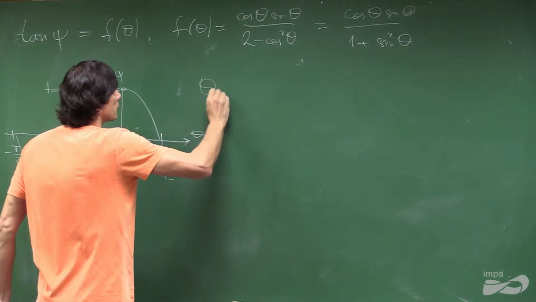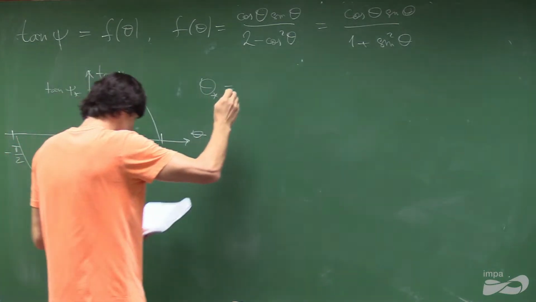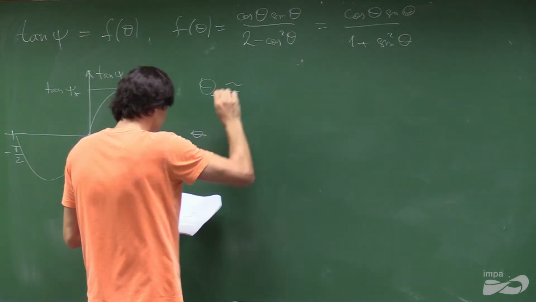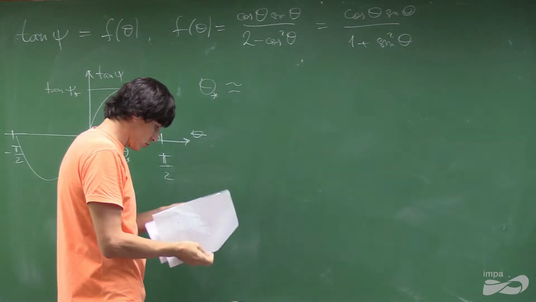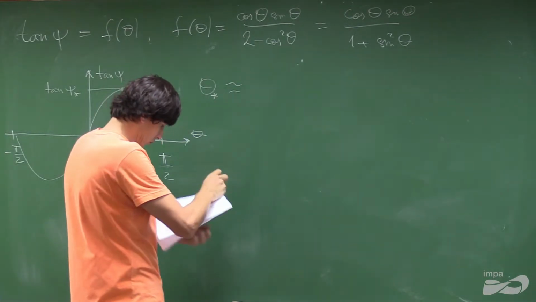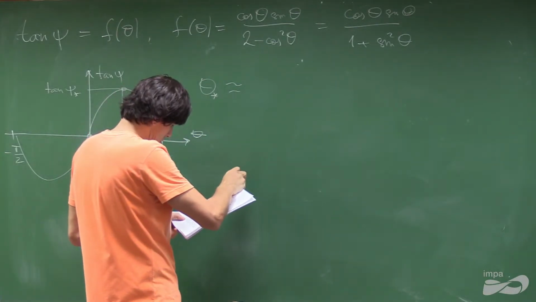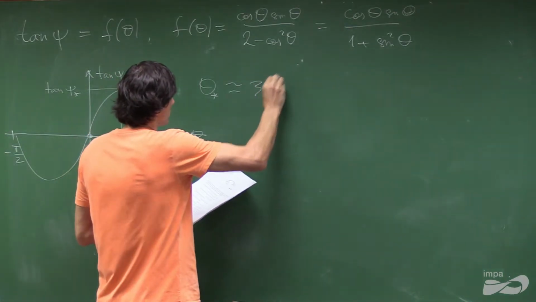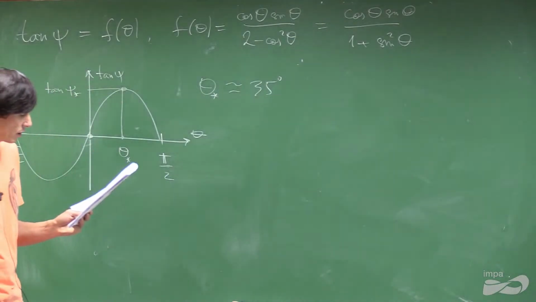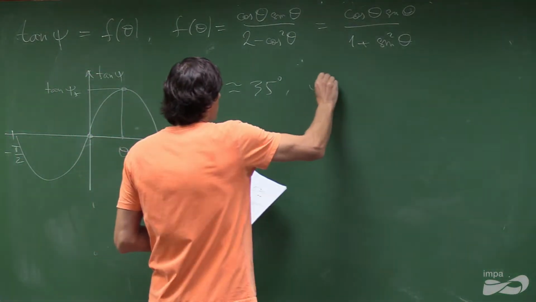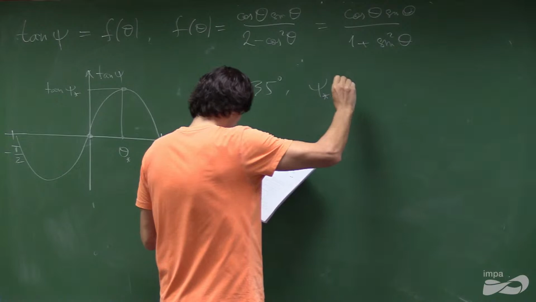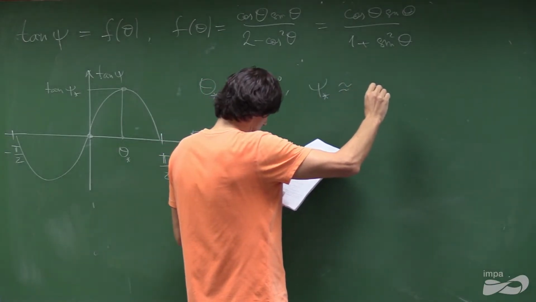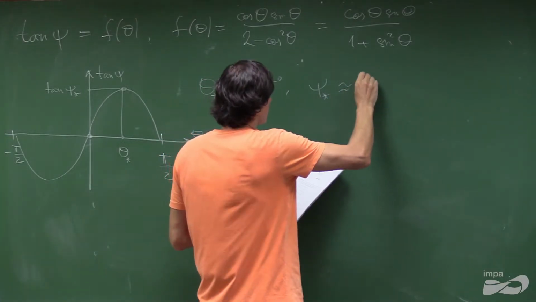Theta star is something close to 35 degrees, and then psi star is close to 19 degrees.